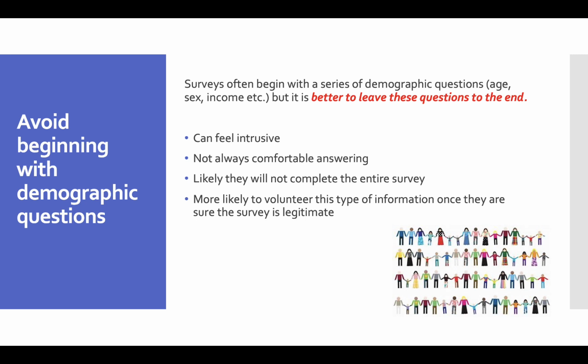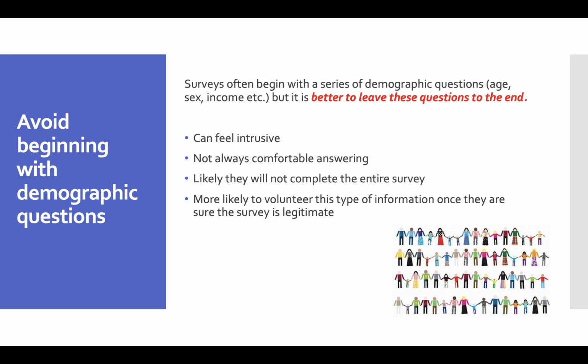And there's a lot of good reasons for this. Sometimes if you're doing a sensitive topic, or people just are in a place where they're not comfortable with understanding what the survey questions are, it can feel intrusive. They're not comfortable answering without seeing the questions first. So likely they will not complete the entire survey.